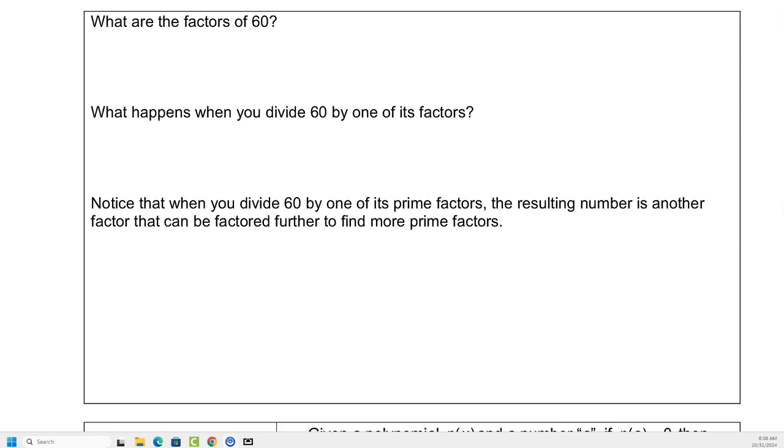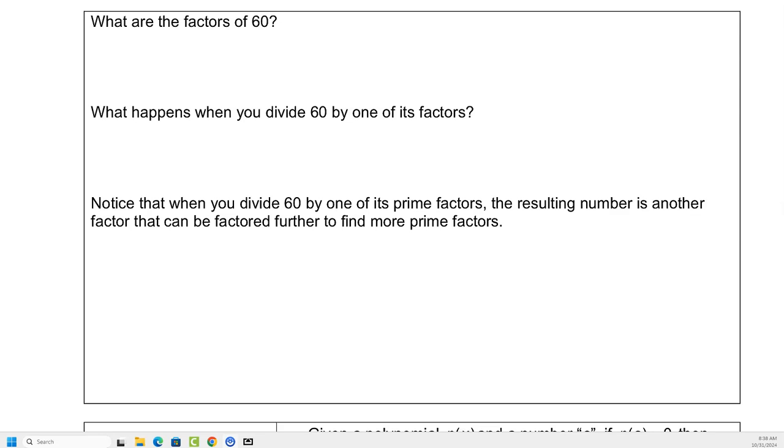3 and 20. Good. What's another one? 6 and 10. Another one? 15 and 4. Good. There's 2 more. 5 and 12. 1 and 60, right?